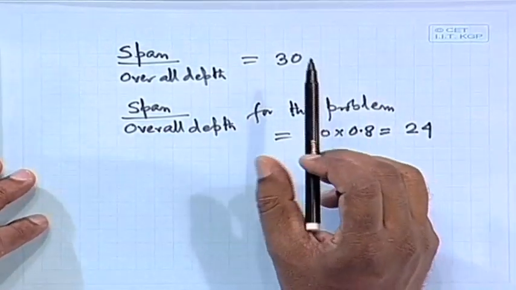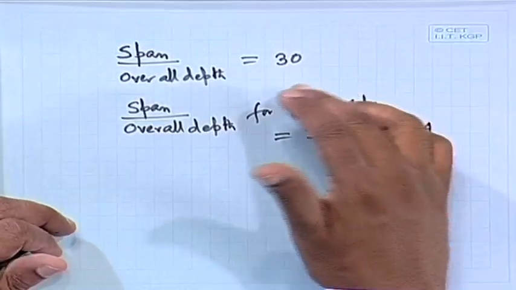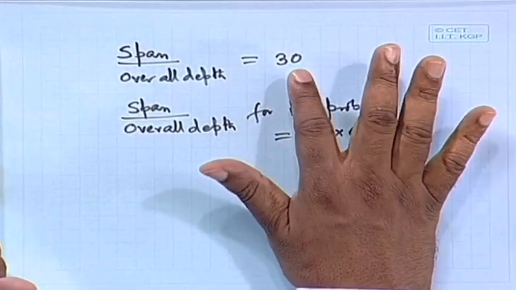It is not exactly matching, because the clause says it is for mild steel up to 3.5 meter, and the loading will not be more than 3 kilonewton per square meter. So, 3 kilonewton per square meter and 3.5 meter. In our case I do not know whether this value will help me, that is why I am going with 30.